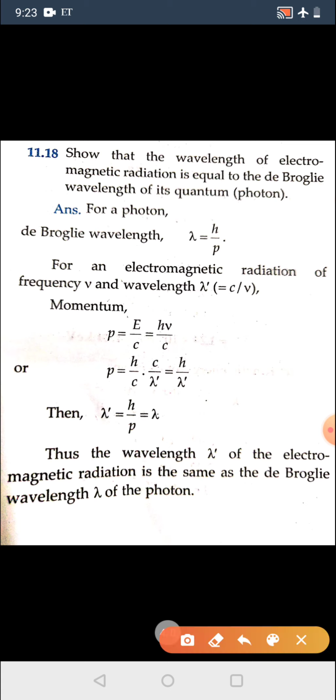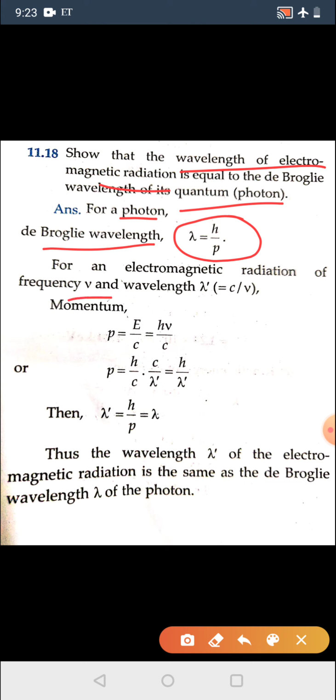Then in question number 18, show that the de Broglie wavelength of electromagnetic radiation is equal to the de Broglie wavelength of a quantum, that is a photon. First of all, lambda is equal to h upon p, that is the de Broglie wavelength for a photon. And for electromagnetic radiation of frequency nu, the wavelength will be lambda dash equal to c by nu. So momentum p is equal to E by c, which we can write as h nu by c.